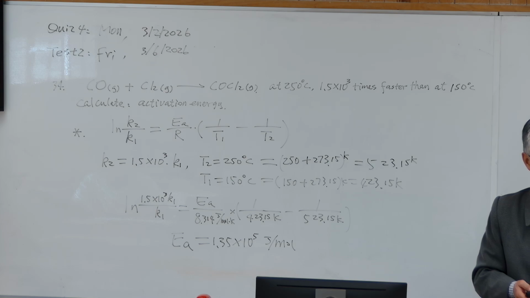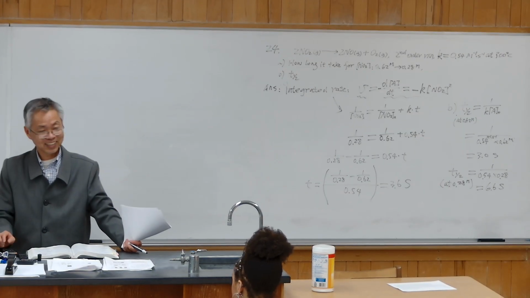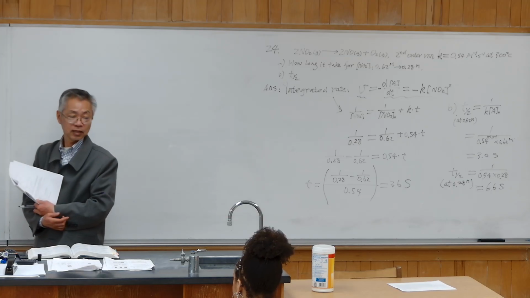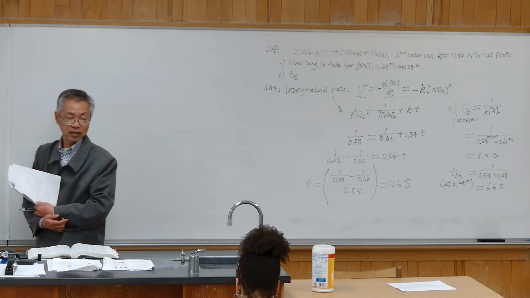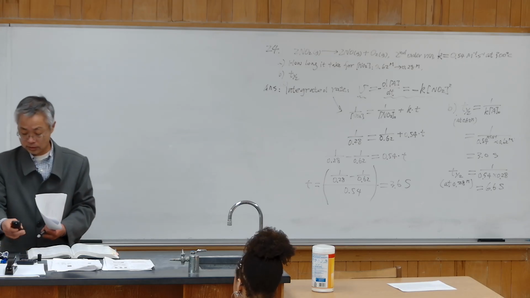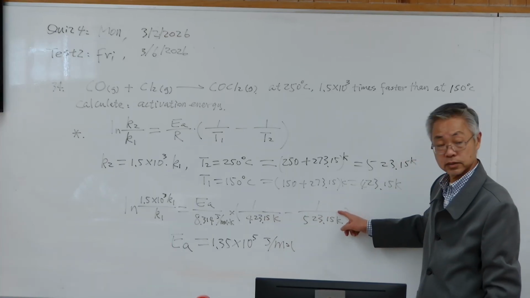Do you know how to solve this equation for EA? First, use the calculator, find this, right?